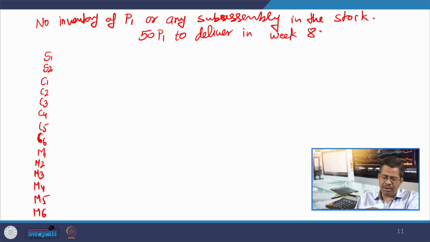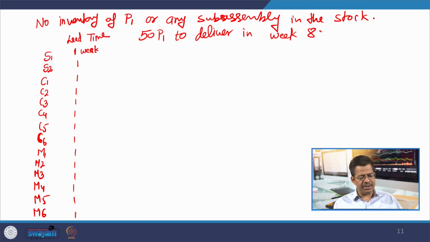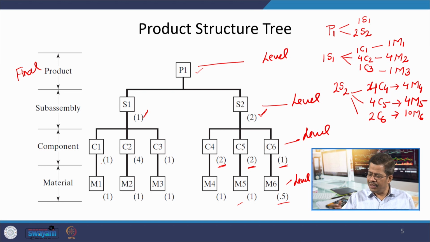Now, we need to have some assumptions, means in reality you will have actual data, but here I am assuming some lead time. Let us say the lead time for these items is 1 week, every item is requiring 1 week. So, for simplification I am considering 1 week lead time for all these different assemblies, subcomponents, etc. And as I said, for one P1 you require one M1.